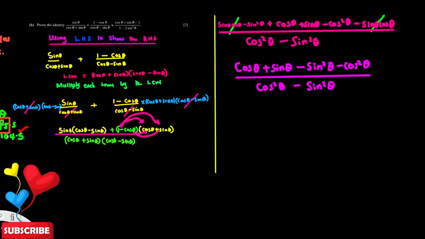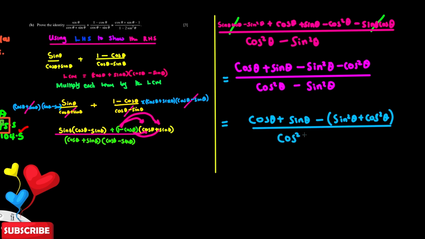Then we rearrange this as cos theta plus sine theta minus the bracket sine squared theta plus cos squared theta, so the bracket reduces to 1, because we know sine squared theta plus cos squared theta is equal to 1.